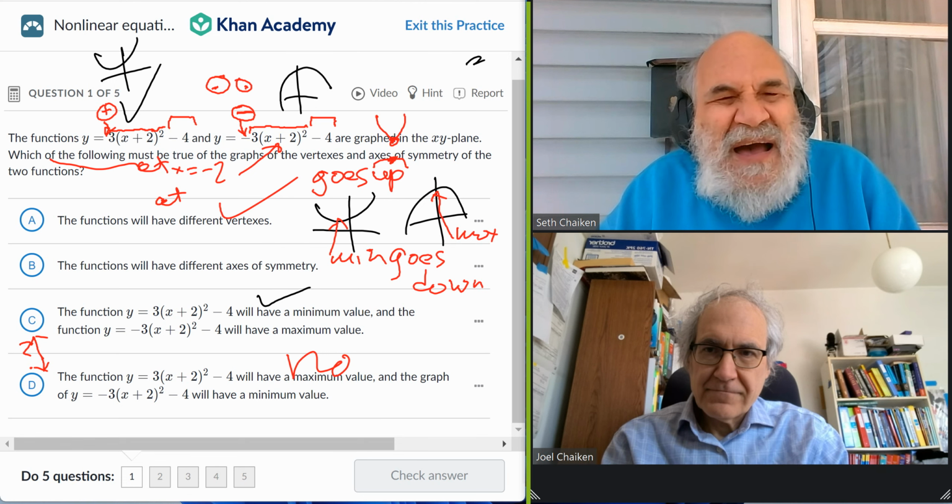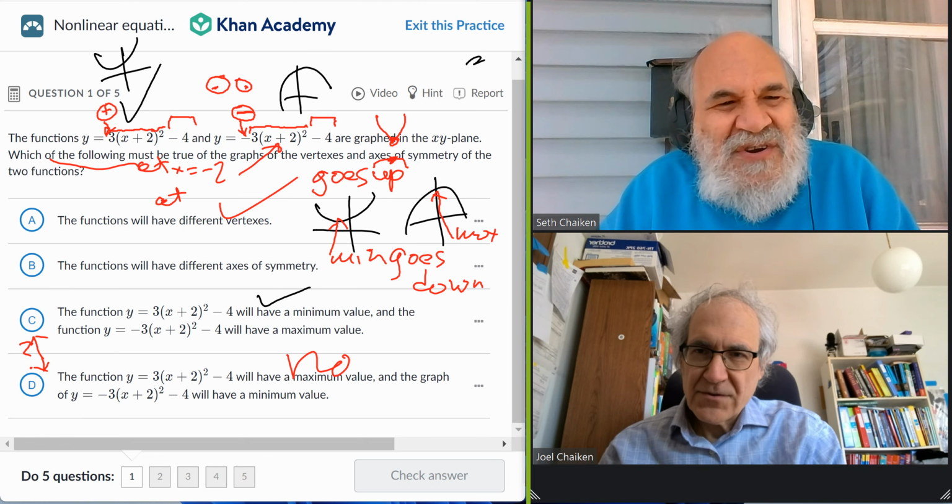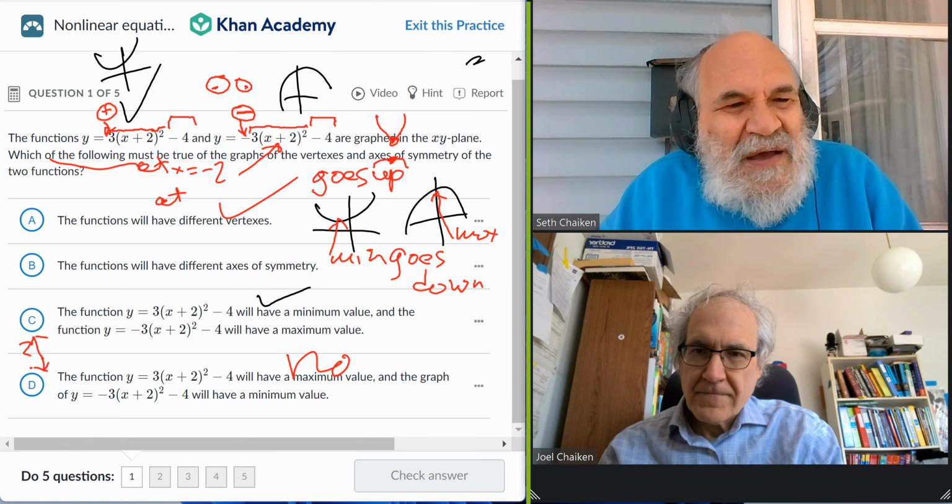Now, do they have different axes of symmetry? Looking at this visualization, here's the picture.